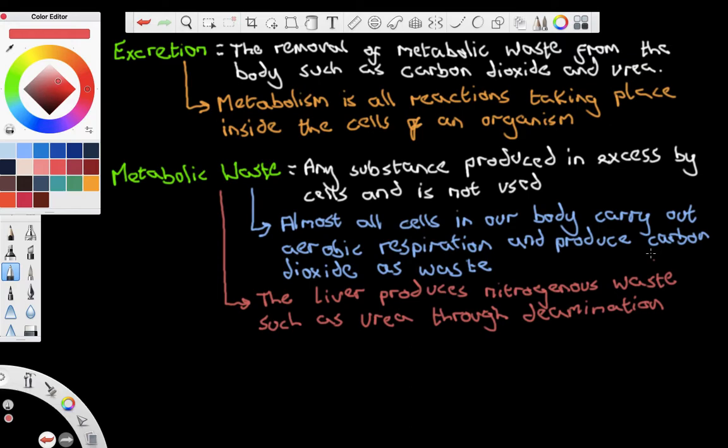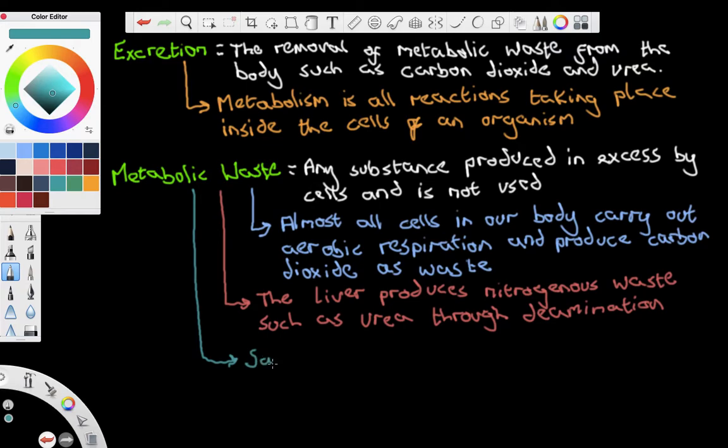The final example of metabolic waste that we can just mention is various salts. Various salts are considered as metabolic waste in your body. So things such as chlorides, phosphates and sulfates are considered metabolic waste.